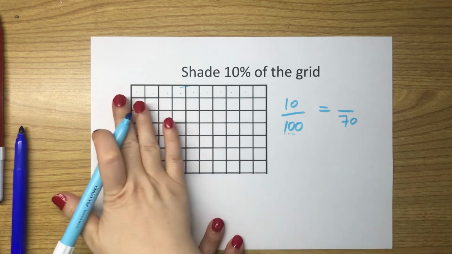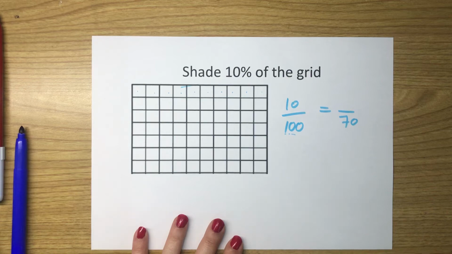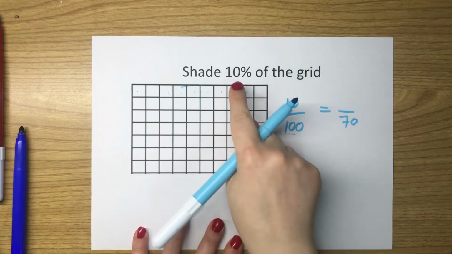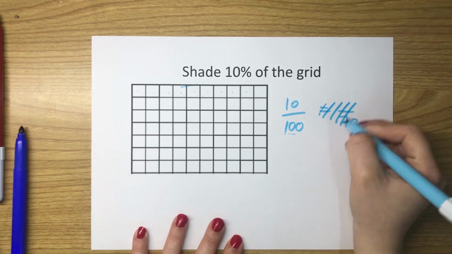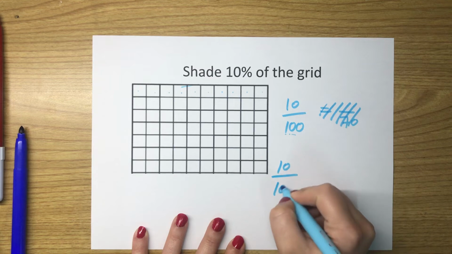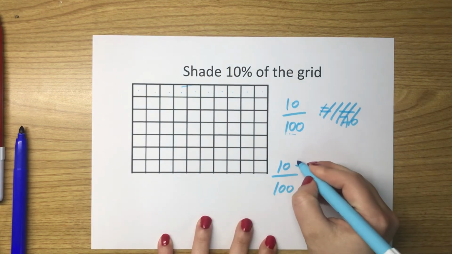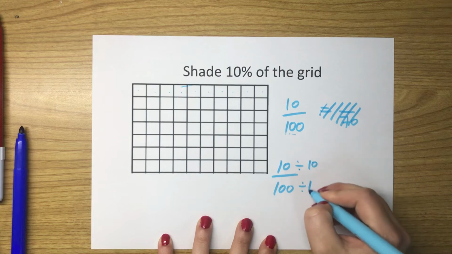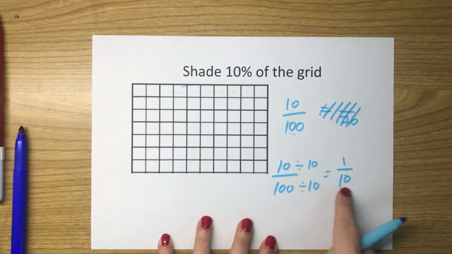If I divide this into 10 equal parts, because 10 of 100, if I want a simpler form, divided by 10, divided by 10, that means one part of 10 must be shaded.